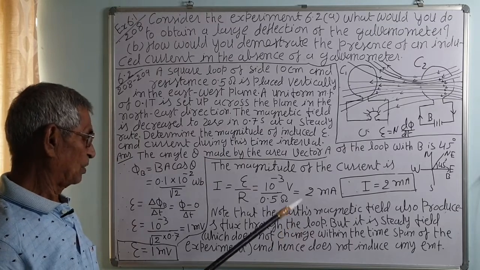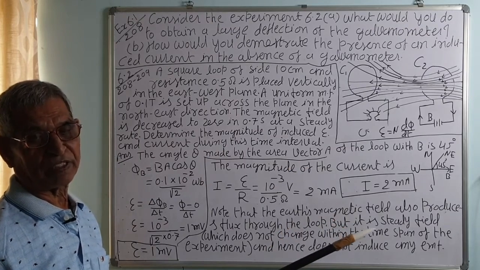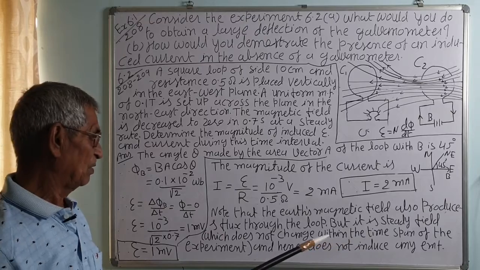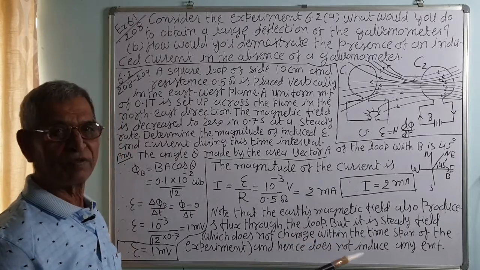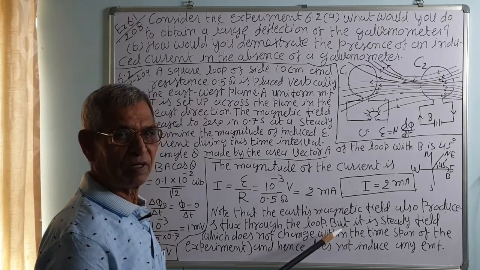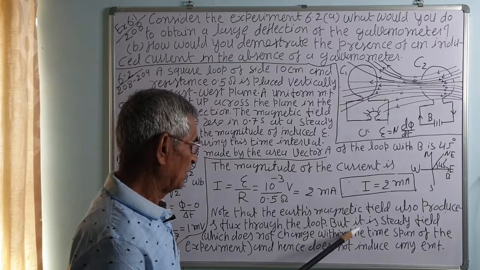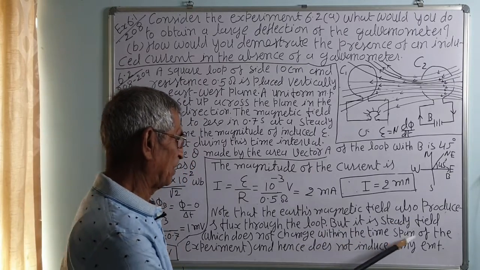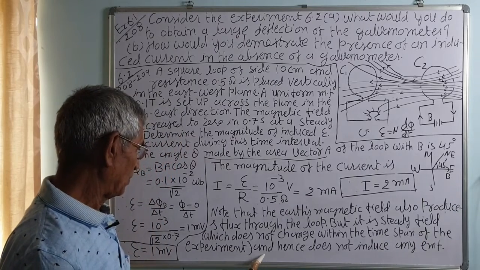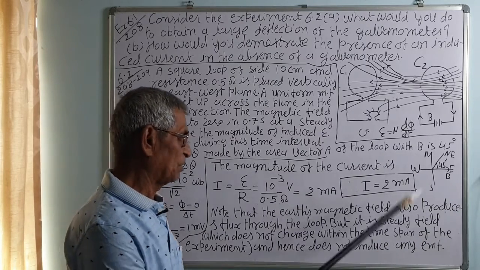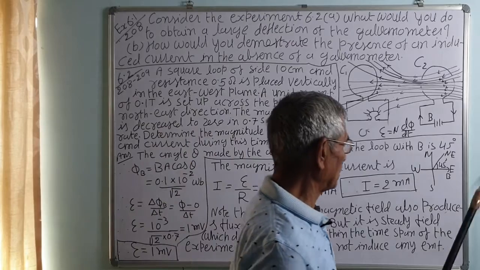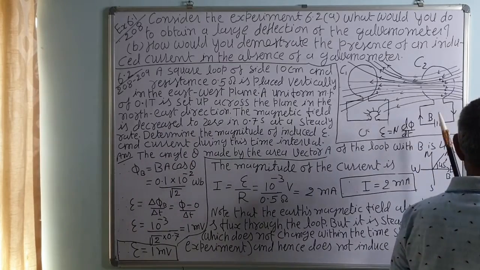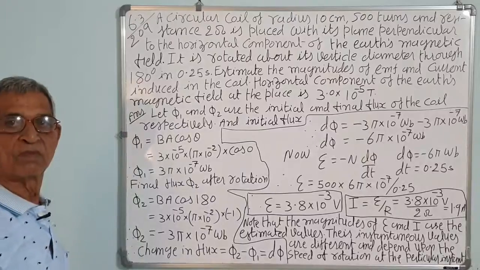There should be a change in the magnetic flux with time. The earth's magnetic field changes over a long time, but it is steady over the time span of the experiment, and hence does not induce any EMF. So we have not considered the EMF induced due to the magnetic field of the earth.